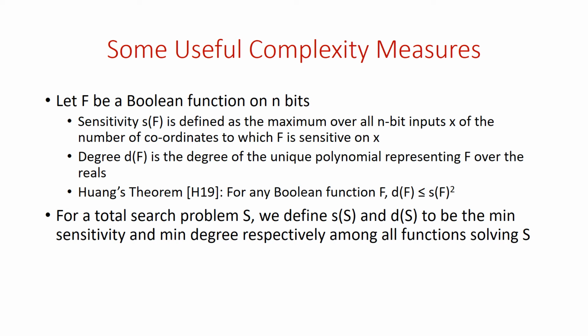So what we're going to do is define these notions s and d for total search problems, and they can be defined in a natural way. I'm not going to go into it further, but you can define s of S to be the minimum sensitivity among all functions solving the search problem S, and d of S to be the minimum degree among all functions solving S. There's a technicality, which is that functions solving S will not be Boolean functions in general, but we can easily generalize the notions of sensitivity and degree to functions solving search problems, so that Huang's theorem still applies.